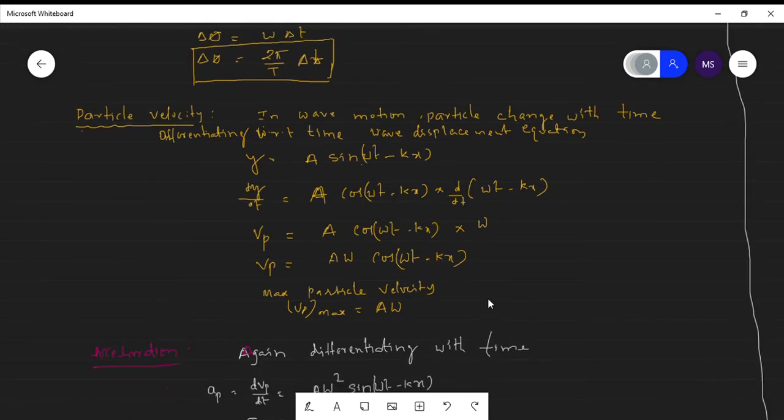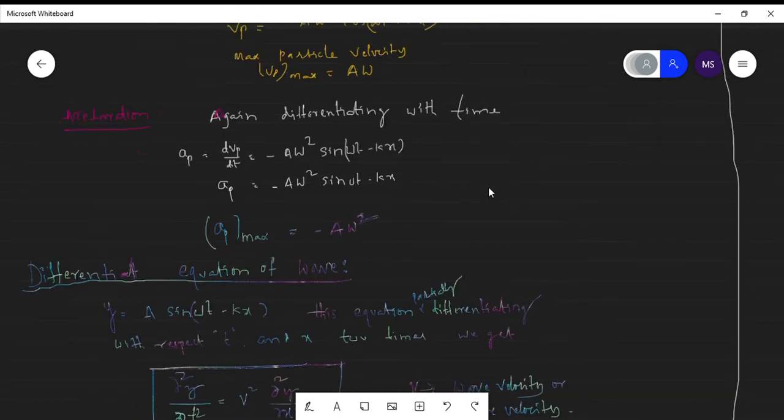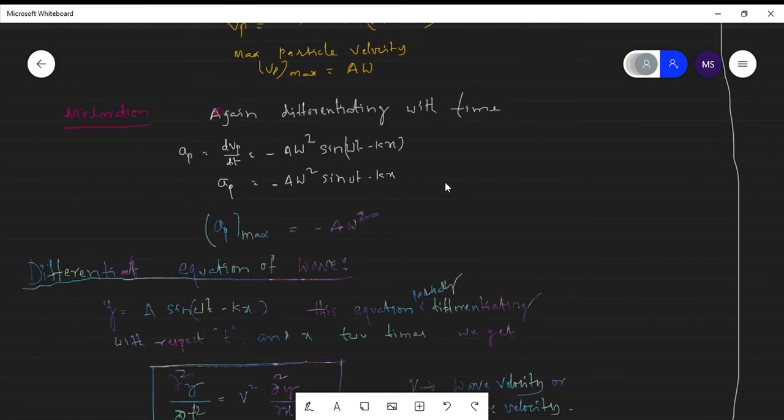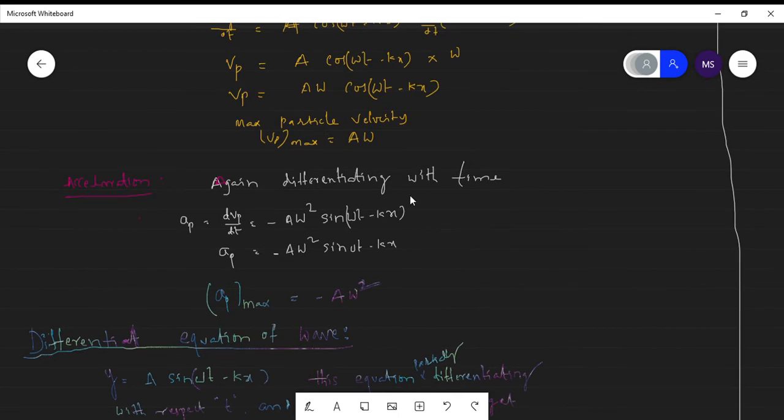Next, acceleration. Again differentiating with respect to time: we already have Vp equal to a omega cos of (omega t minus kx). Now, to get the acceleration, we differentiate the velocity equation with respect to time. Acceleration is dVp by dt.